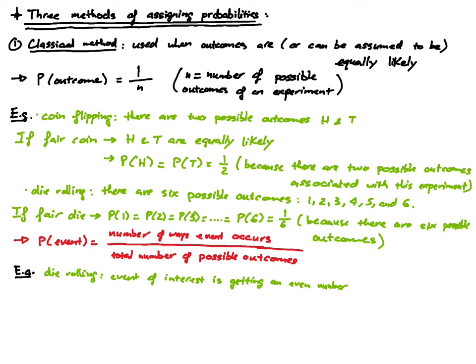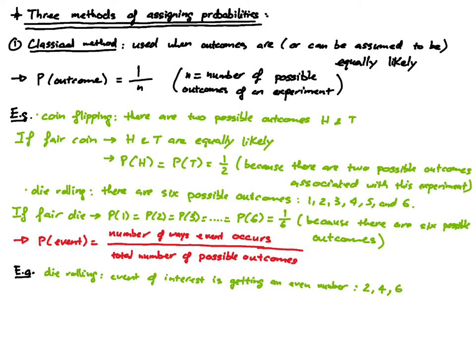Okay. So if I define my event of interest as getting an even number, then how many ways can that happen? There are 3 ways that can happen, right? I either get a 2, a 4, or a 6.